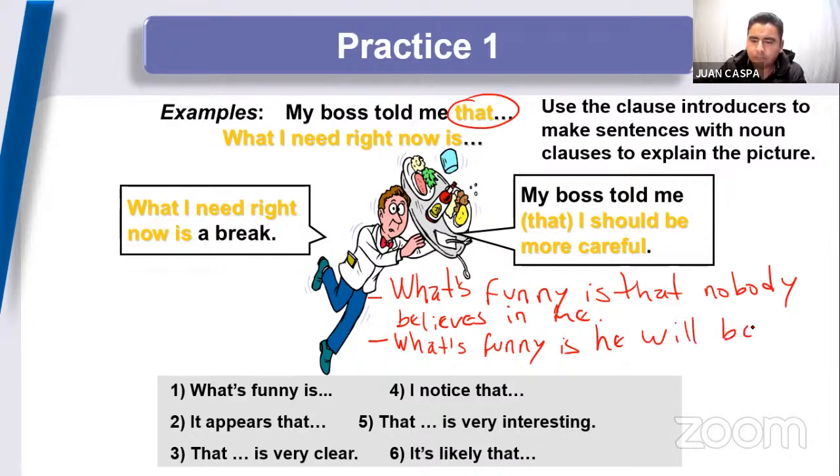Yes. The only thing we are doing is to introduce a sentence, right? Or introduce a clause. But try to explain the picture. He will be fired. Yes, very good, right? Maybe in this case, talking about the picture, what's funny is that nobody believes in him, probably, right? Or maybe he can also say in me. Okay. But about this picture, somebody else or some other sentence, please.